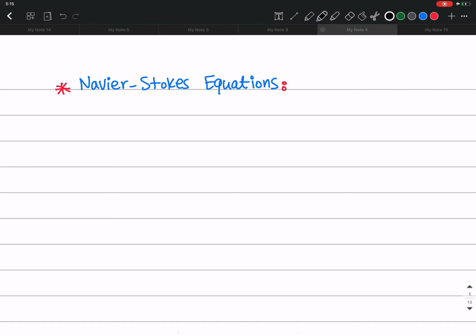Before I start, I want to remind you what equations we derived so far for fluid flows. Based on that, we are going to add also the viscous effects that we neglected in previous derivations. So first, a reminder.